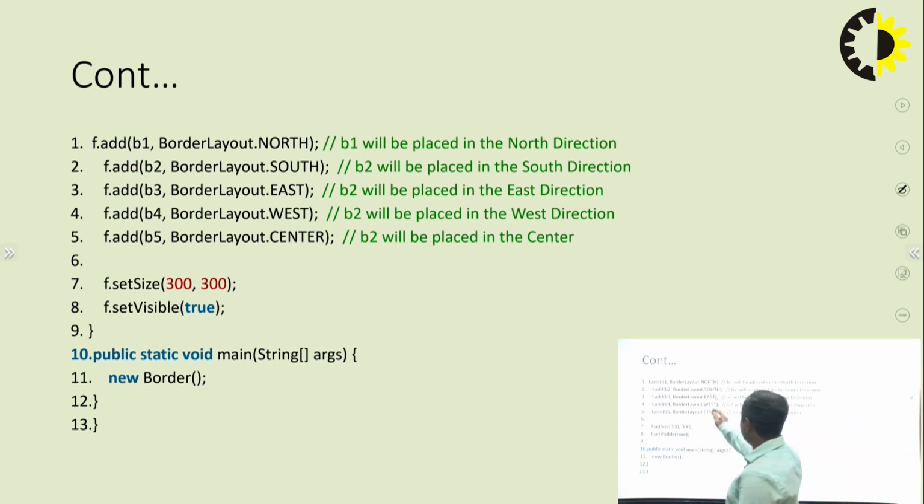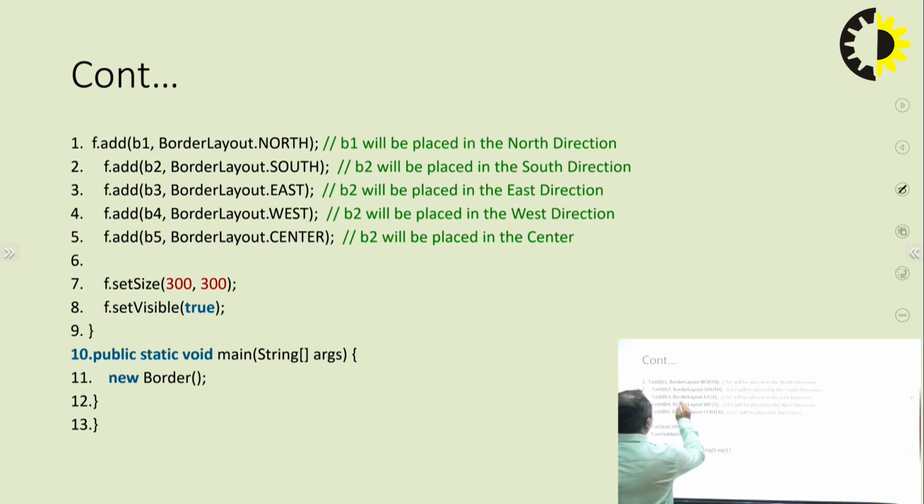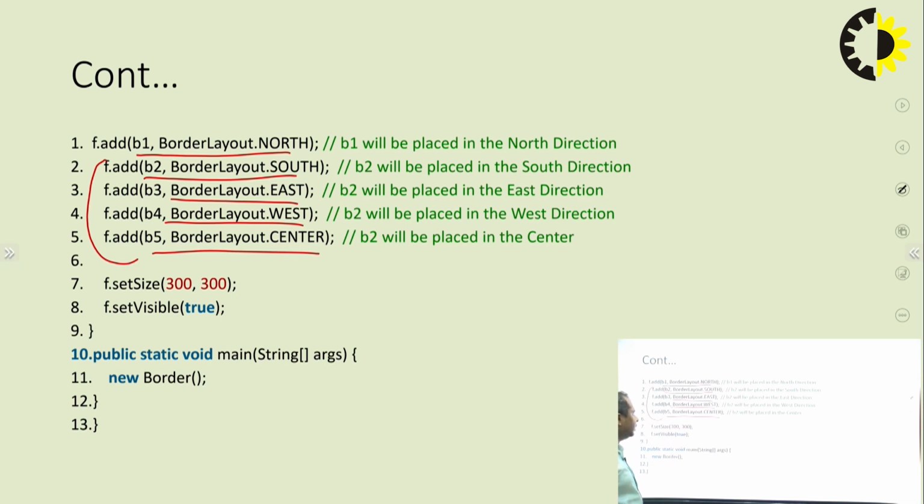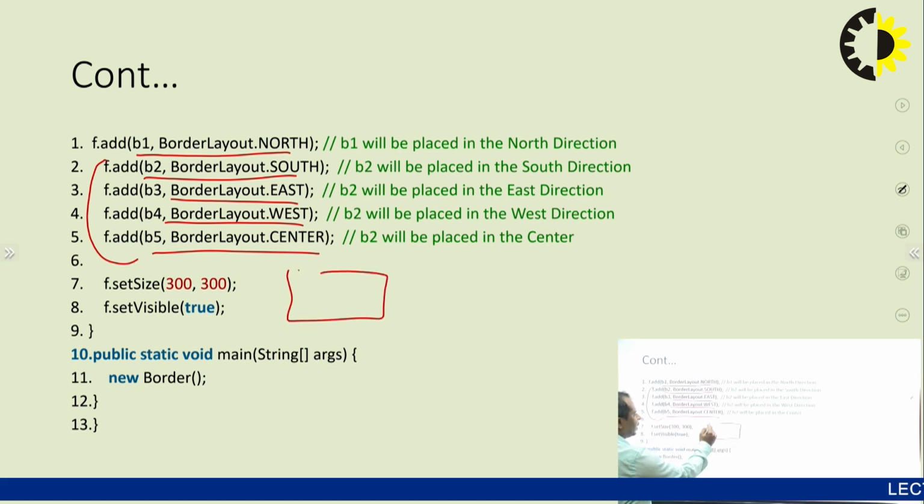We set their layout, like button 1 will be added to north, button 2 to south, button 3 to east, button 4 to west, and button 5 to center. These are added using the add method, and we set the frame size to 300 by 300 and the visibility to true.